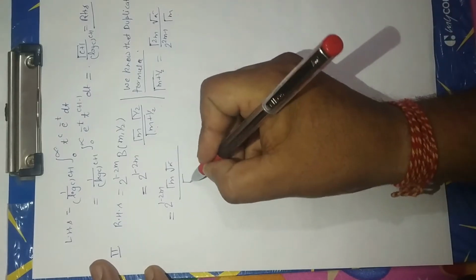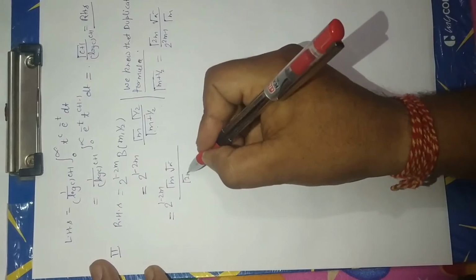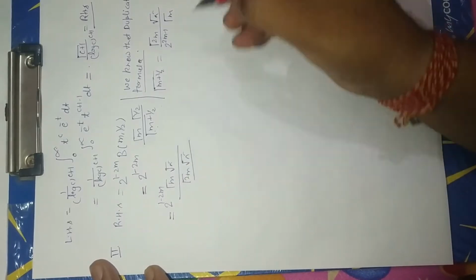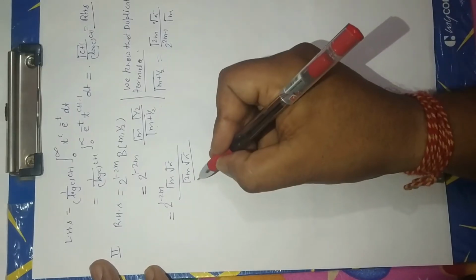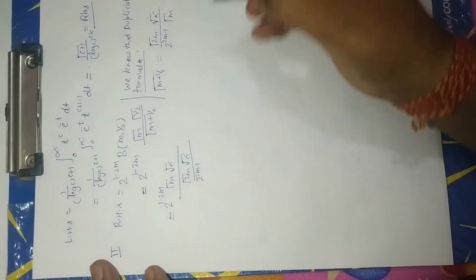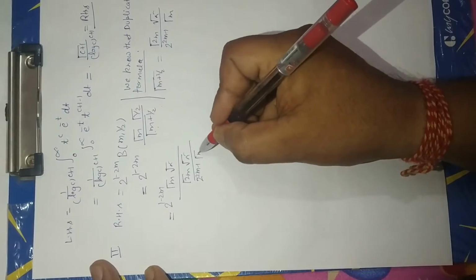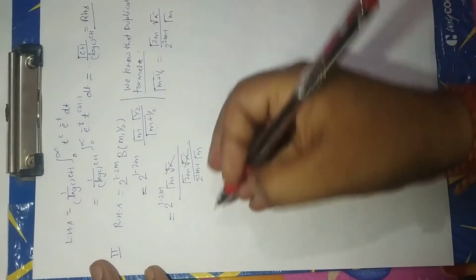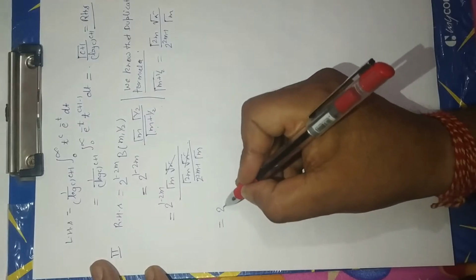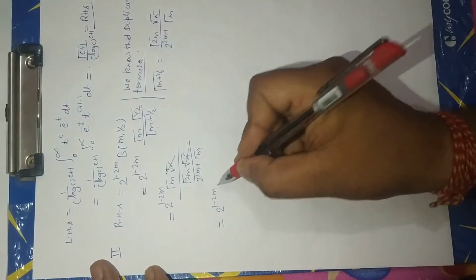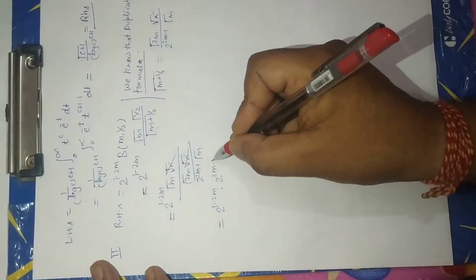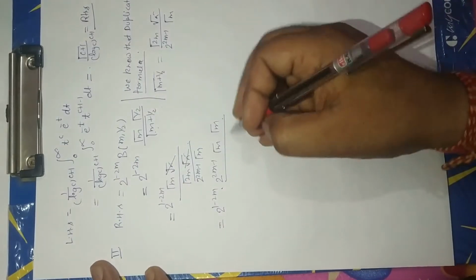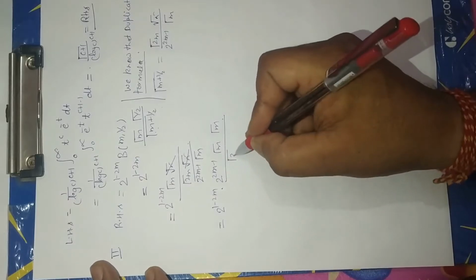Now gamma 2m under root pi upon 2 to the power 2m minus 1 gamma m. Now this cancels by this, and this is equal to 2 to the power 1 minus 2m, 2 to the power 2m minus 1, gamma m upon gamma 2m.